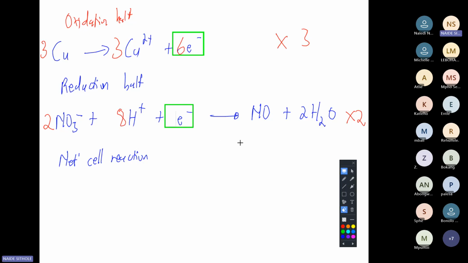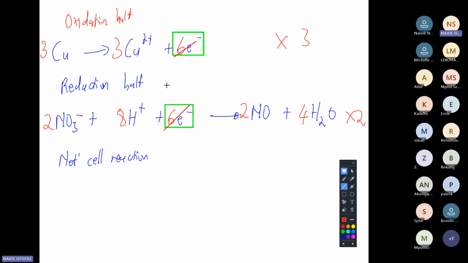Now we have achieved our goal. Once we see the electrons balance, we are good. After cancelling out these ones, we don't see any like terms.